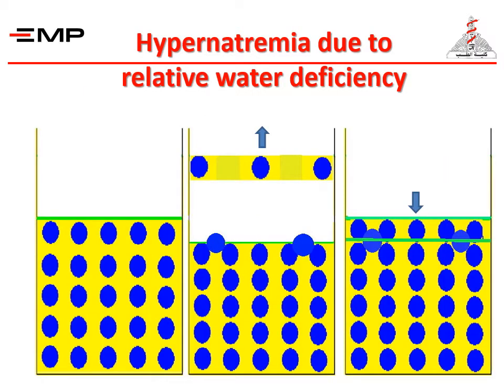If some of the fluids lost from the body are hypotonic or almost pure water without any salt, and these losses are compensated for by isotonic salt solutions, hypernatremia occurs despite the restoration of volume.